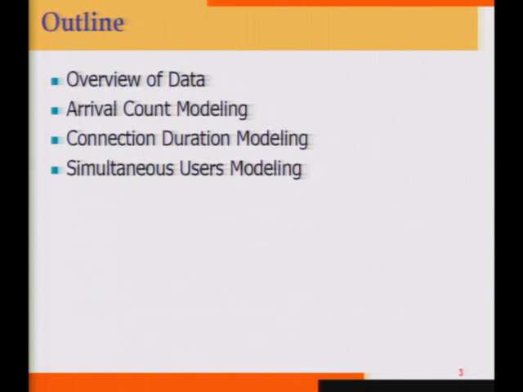And the third one is the most important: in terms of network capacity planning, you would want to know at any given point in time how many users are there. So that's the simultaneous number of users accessing a particular access point, and we want to model that distribution in a way that would help us plan the capacity of the network that we will sustain.